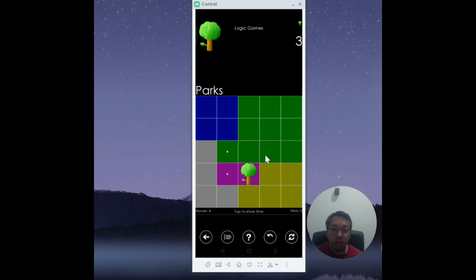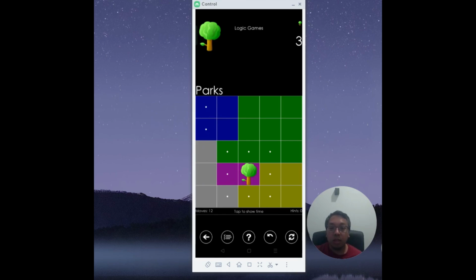Then we can dot the area around it. With the same reasoning from the previous level, the first column must be gray, because if there is a tree on the first column of the blue part, the gray cannot have any trees, so this is unavailable for the blue.